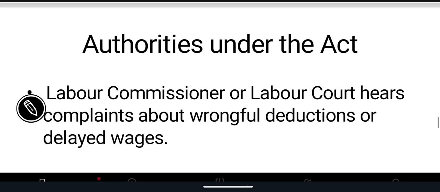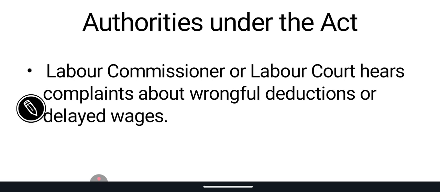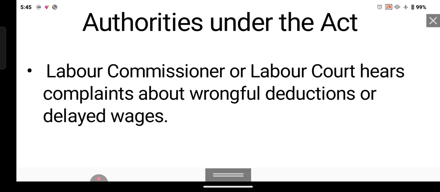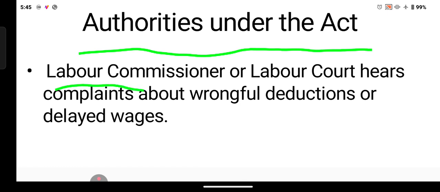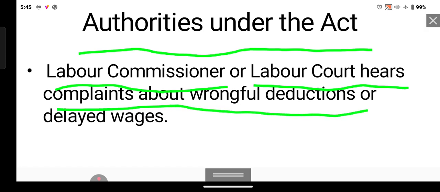Authorities under the Act. The Labor Commission or Labor Code hears the complaints about wrongful deduction or delay of wages. So which is the authority that listens to problems regarding the wage or payment act? The authorities under the Act are the Labor Commissioner or Labor Codes, the main place where you can go and complain about it.